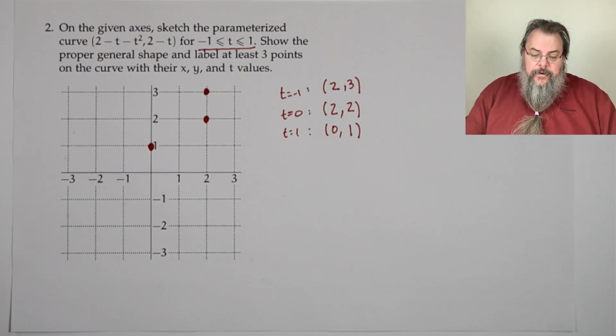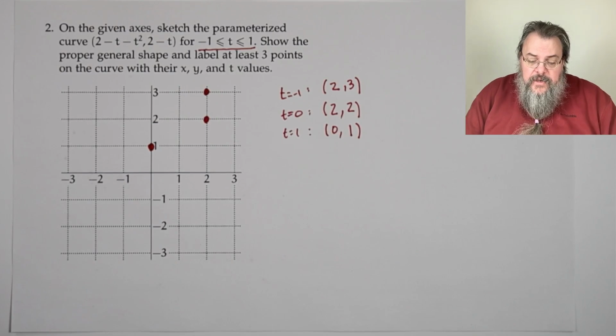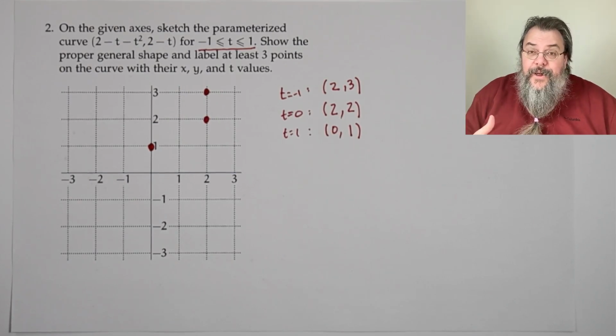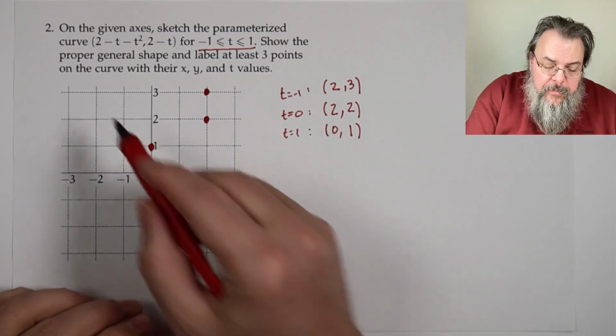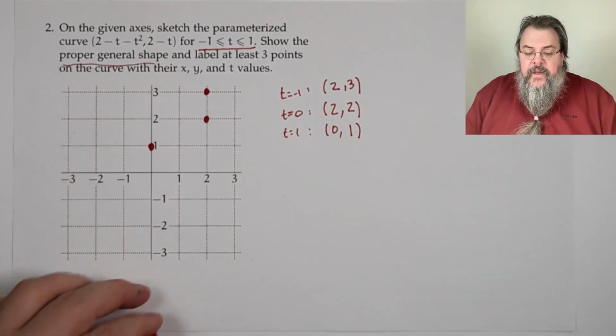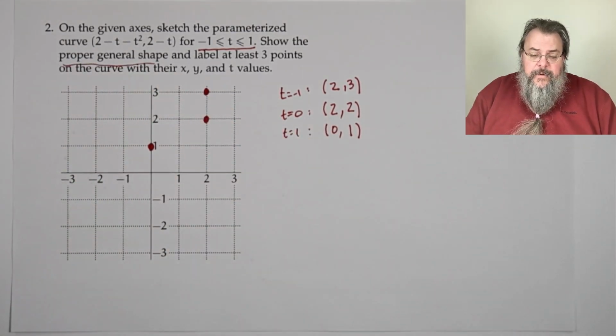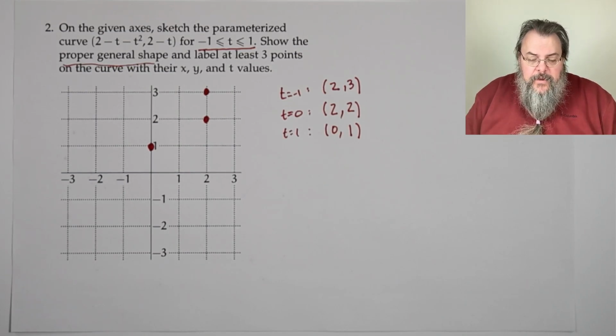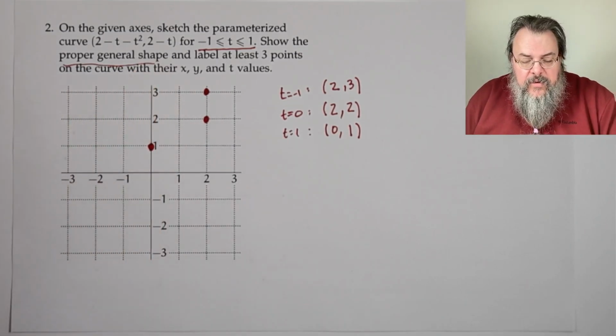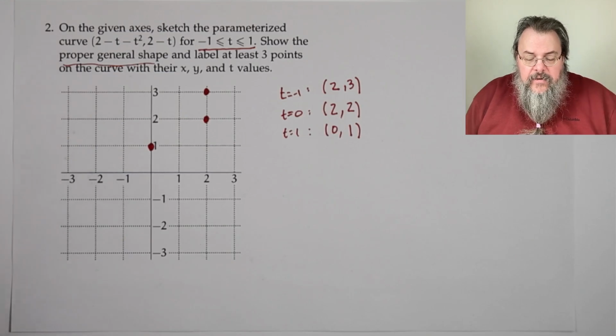All right, now, those are some points, but there's lots of ways to connect those. And we want to say, look, we have to have the proper general shape. And so let's go ahead and see if we can't say, well, what does this look like? Well, if we look at our equation, look at that second slot.